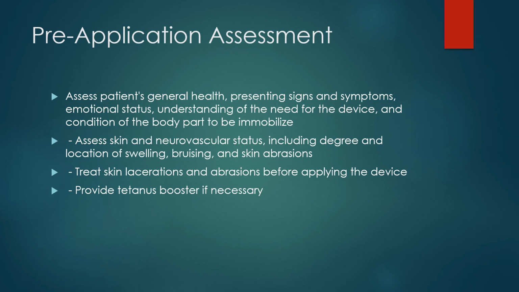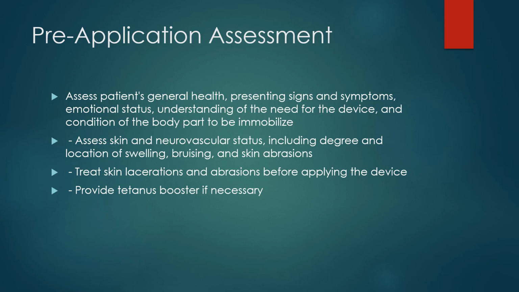Another assessment to do is the skin and then neurovascular status, which includes the degree and location of swelling, bruising, and skin abrasion, which is just a build-up point from the first one, where you are supposed to look at the condition of the body part to be immobilized. And the third point also follows up, which after looking at the area where the cast is supposed to be applied, you now do your final judgment.